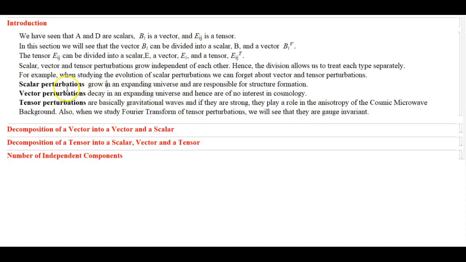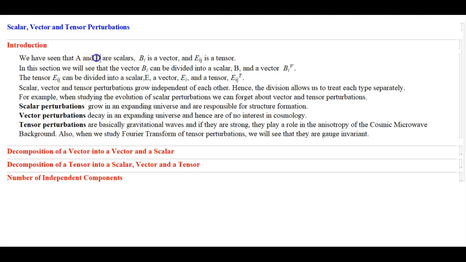Now, speaking of scalar perturbations, we have seen that A and D are scalars in the perturbed metric tensor gij. But these are not the only two scalars present in the perturbed metric tensor. We can also extract one scalar from vector Bi, and we can also extract one more scalar from tensor Eij.